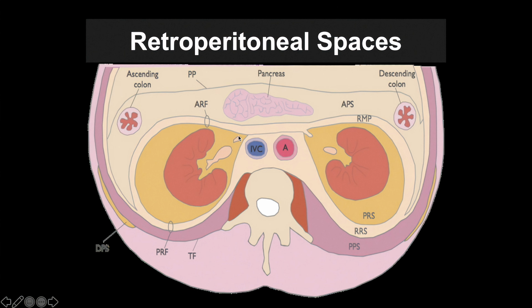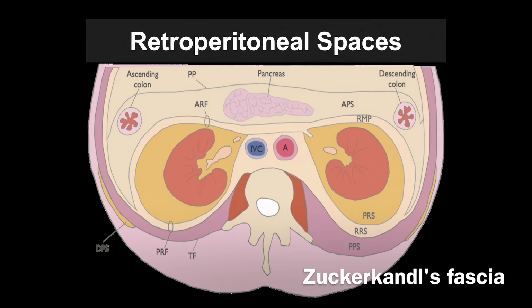Okay, in the perirenal fascia, there's the anterior perirenal fascia and posterior perirenal fascia. The perirenal fascia is just dense connective tissue that surrounds the perirenal space. The anterior leaf is also known as Gerota's fascia, and the posterior leaf is also known as Zuckerkandl's fascia.